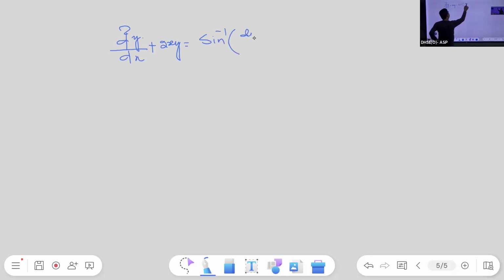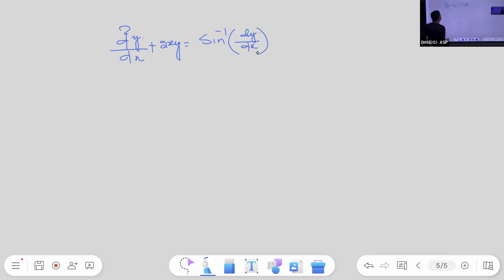For example, an equation is like this: d square y upon dx square plus 2xy equals sine inverse dy upon dx.